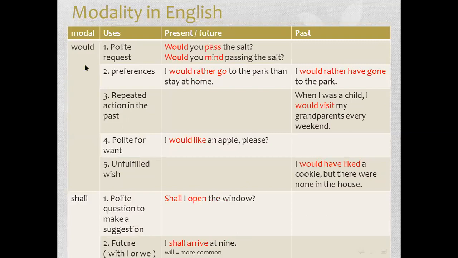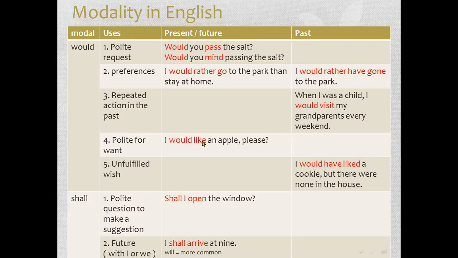Here you can see would and shall. Would has five meanings: polite request, preferences, repeated action in the past, polite for want, and unfulfilled wish. Here you can see that polite requests have no past forms, and repeated action in the past and unfulfilled wish have no present or future.